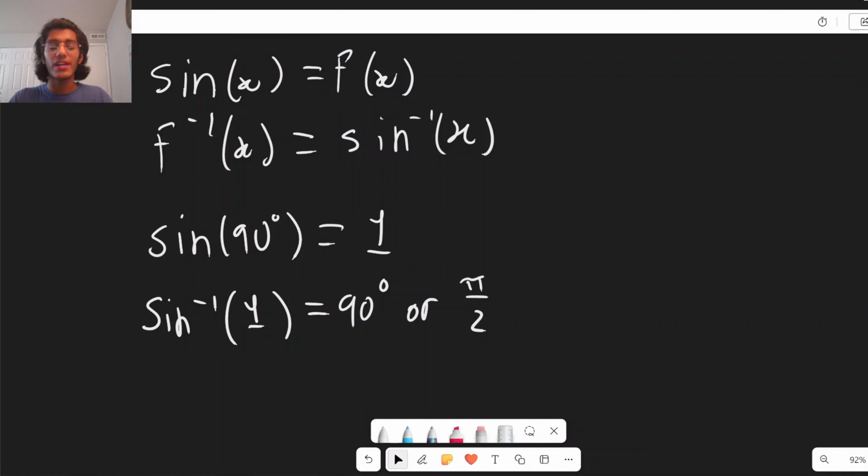And this works true for cosine and tangent and cosecant and secant and cotangent. There's a video on all this which you can look at in a bit more depth, but for now this is just a snapshot of it.